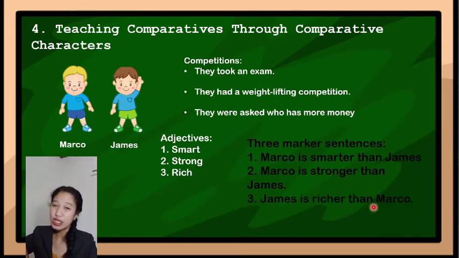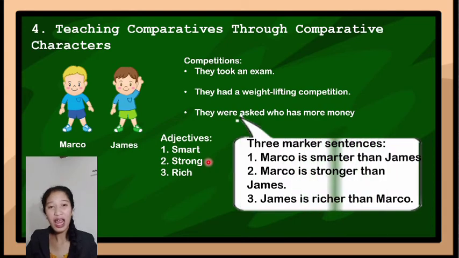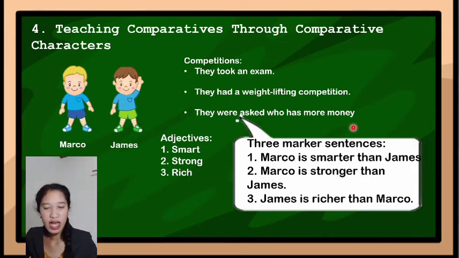And the last one, James. Oh, it is James this time. He is richer than Marco. As I'm reading these three marker sentences, have you noticed the word than? This word serves to make the comparison of the two characters. As you can see, smarter than, stronger than.